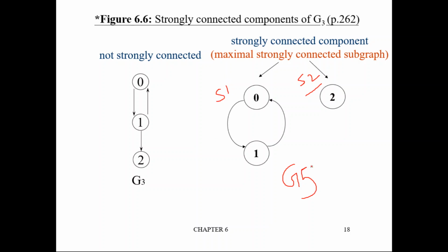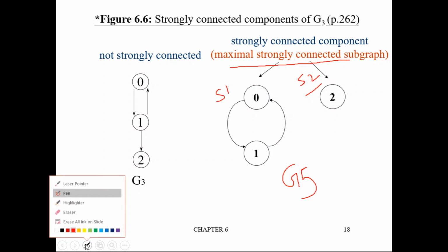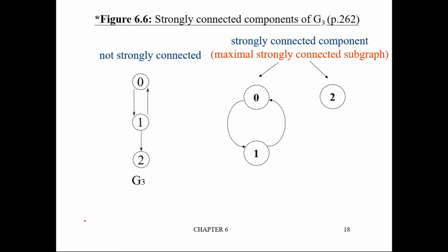So this graph G5 contains two strongly connected components. These two are the maximal strongly connected components this graph contains, which is called the maximal strongly connected subgraph of this graph G5. So this is what maximal connected subgraph and maximal strongly connected subgraph mean.